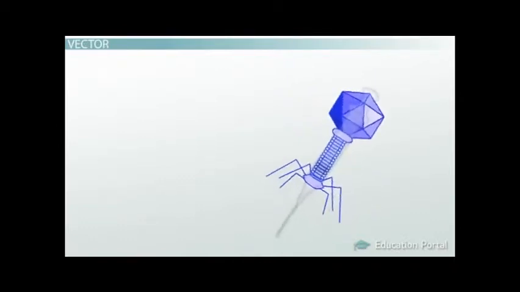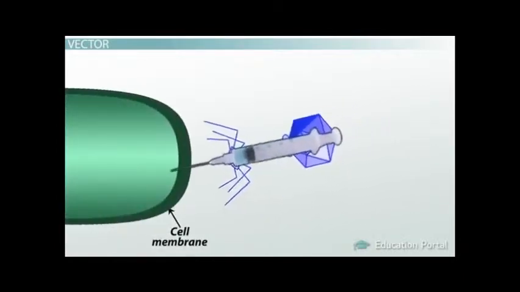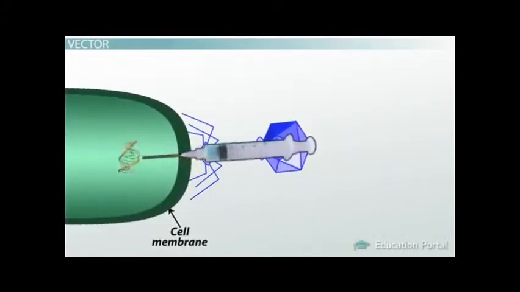The virus basically serves as a biological syringe to inject DNA into the host cell. Normally, this injected DNA would lead to a viral infection. A genetically engineered viral vector, however, is designed by scientists to inject DNA of interest. In this case, it would be the human insulin gene.